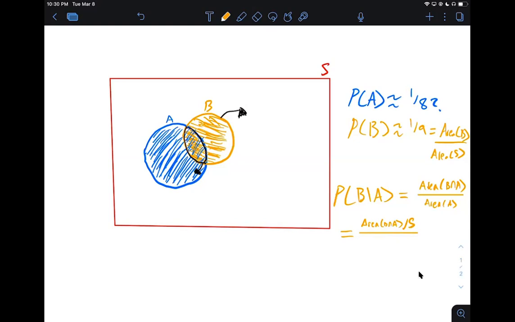So now let's go ahead and divide the area of A by S, or by the area of S. And actually now what we've done is calculate the probability of B and A in the numerator and the probability of A in the denominator. So we can now write that like this. The probability of B given A is equal to the probability of A and B over the probability of A.